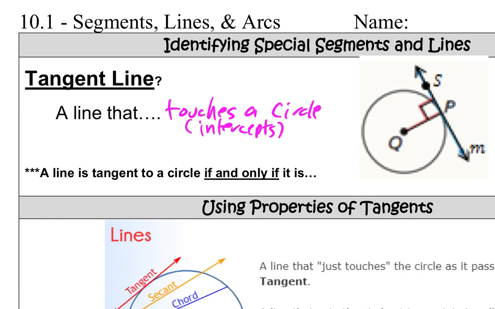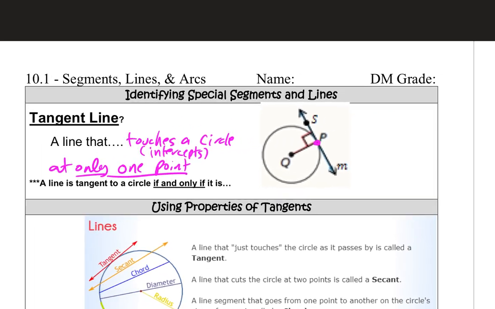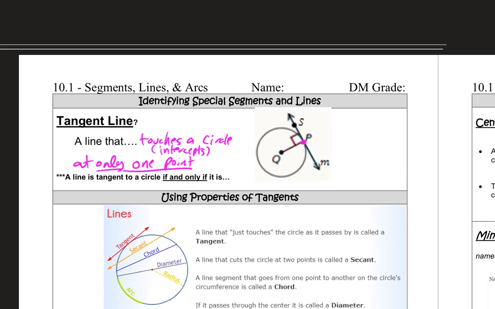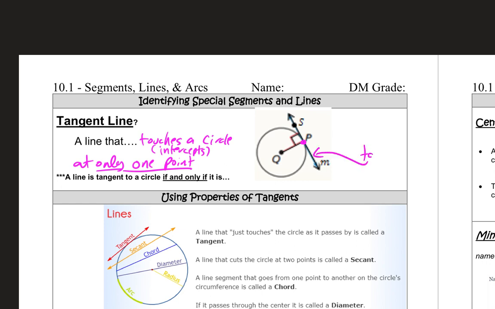If it touches a circle, that's the same thing as it intercepts at only one point. If we see this line right over here, it touches right over there, only at one point. So this is going to be our tangent line.